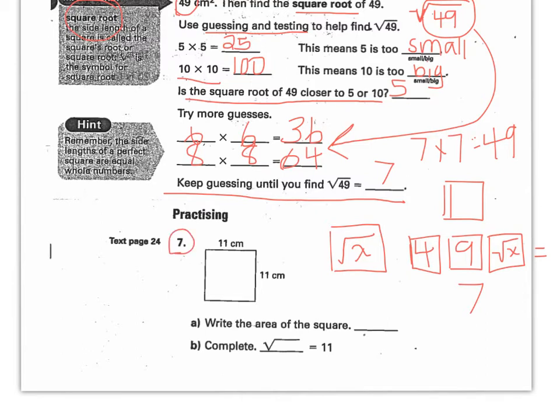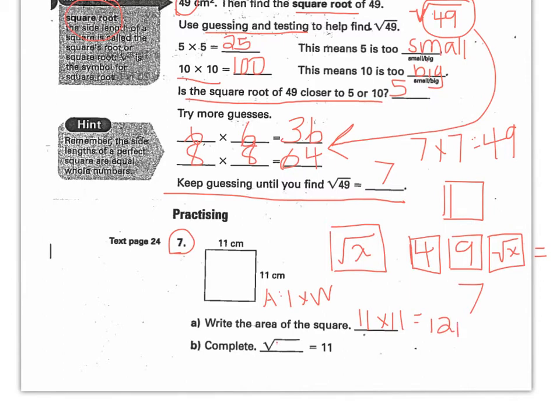Question number 7. Let's do some more practice. We have a perfect square where the sides are all 11 centimeters. The area is length times width. 11 times 11 is 121.